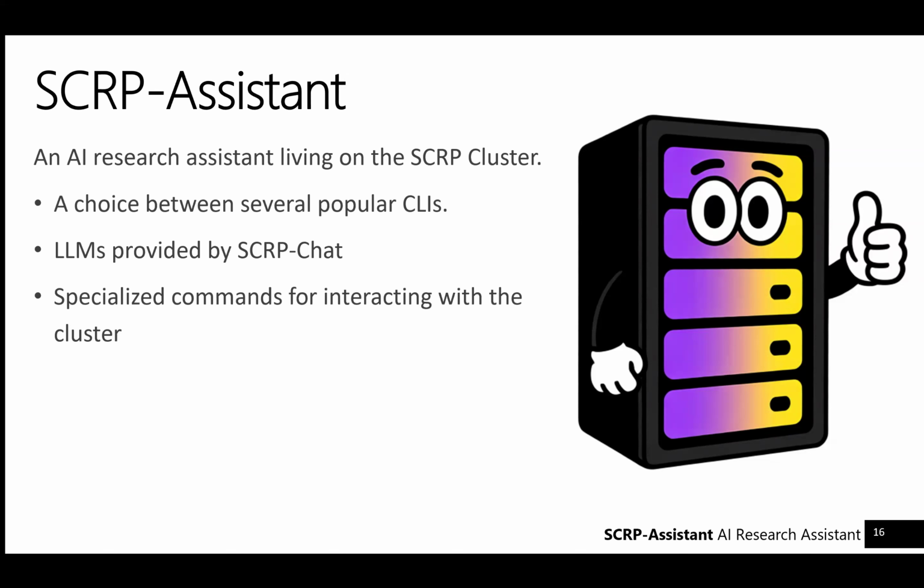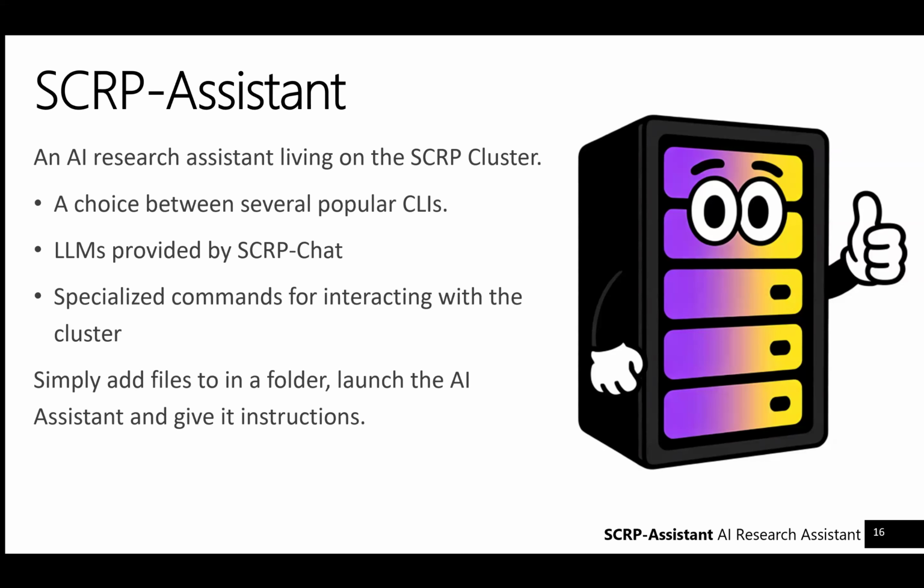There were various ways previously, but right now I think everyone has agreed that the best idea is to just tell the AI what commands it can use and let the AI decide what commands it should call. So that's what we have done. We make the cluster accessible to the AI by explaining to the AI how to do it. We already explained it, so you don't have to. The actual use is extremely simple. You simply add files to a folder, launch the AI agent, and give it instructions.